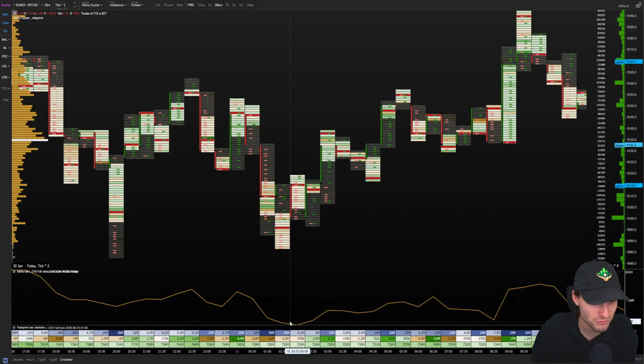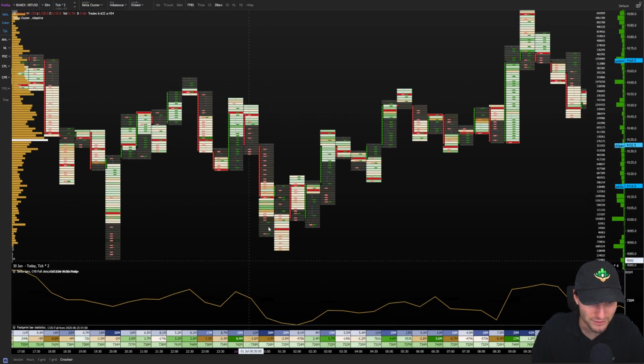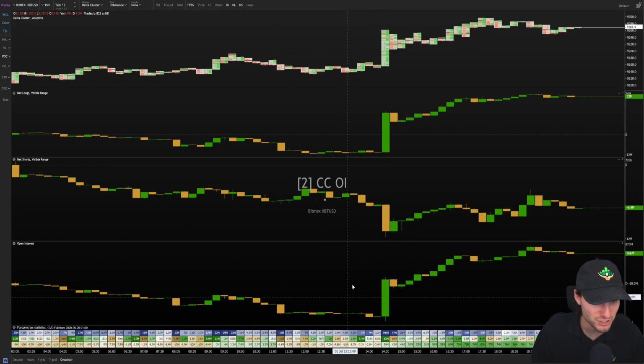And also look at the CVD, you're seeing massive bullish divergences, aren't you? Price making a higher low and CVD making a much bigger lower low. So this is really big bullish CVD divergence. These are the sort of things you're looking at anyway, you're taking the volume. We'd also be looking at what the open interest is doing.